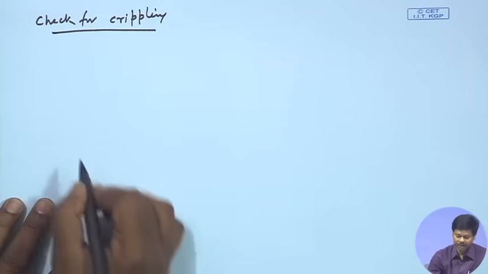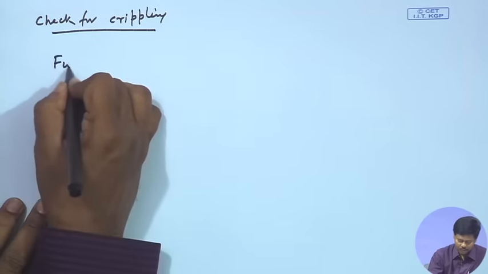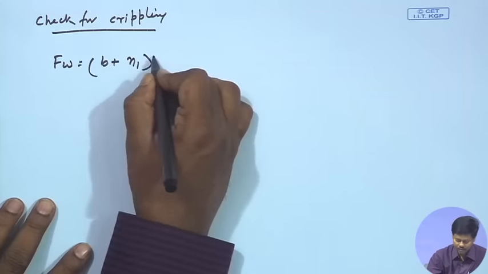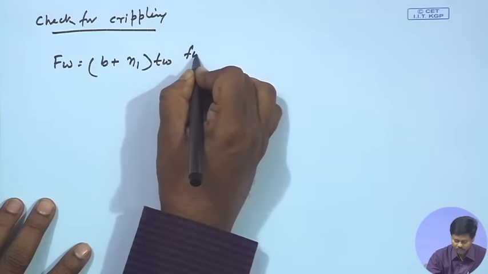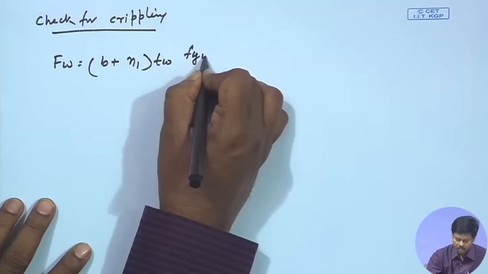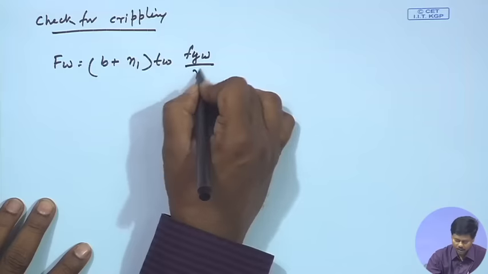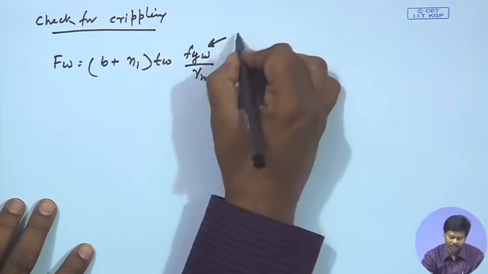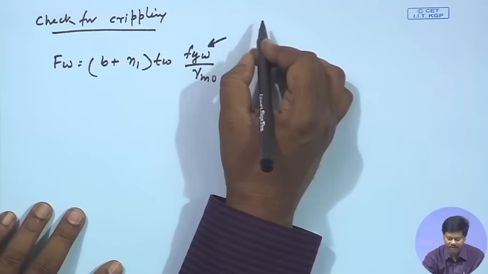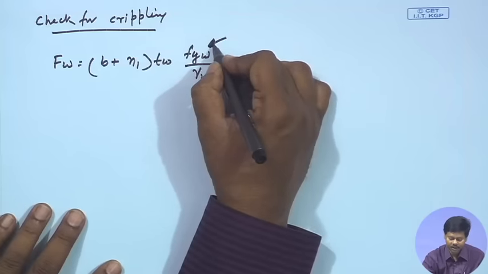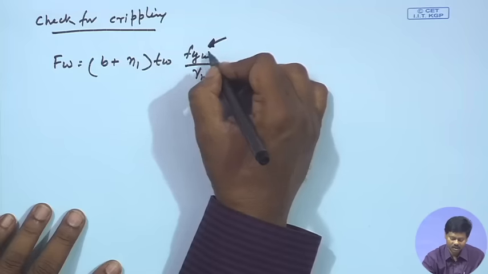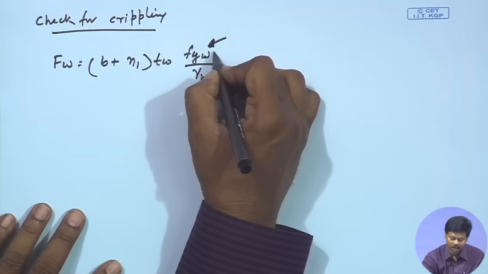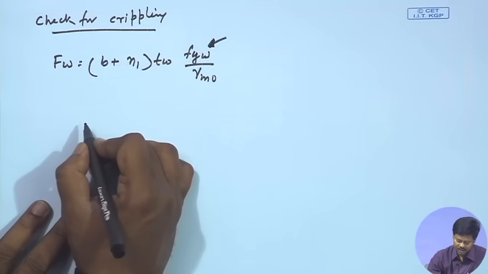So, crippling strength we can find out, say Fw will be B plus N1 into Tw into Fyw by gamma m0. Fyw is the yield strength of the web. Now, Fy and Fyw are the same here, because the same material we are using, but if the material of the web and flange are different, then we have to consider Fy and Fyw accordingly.